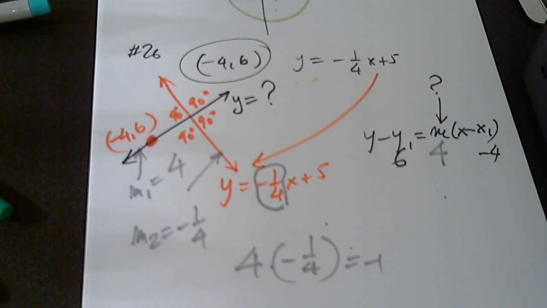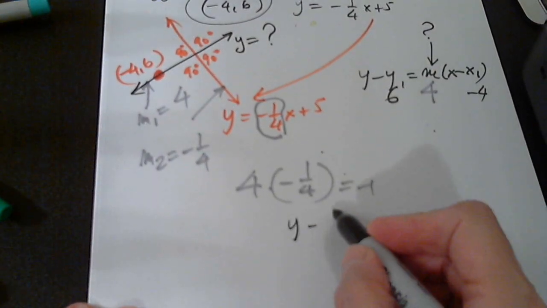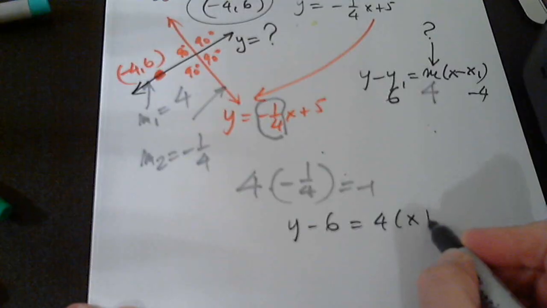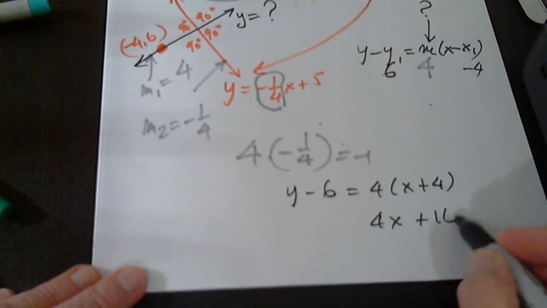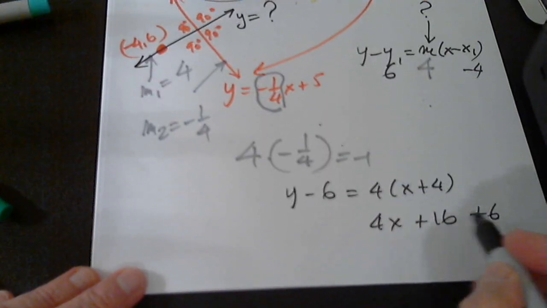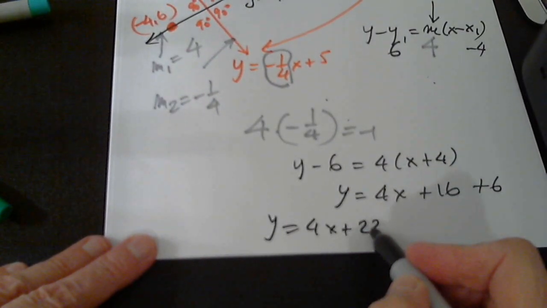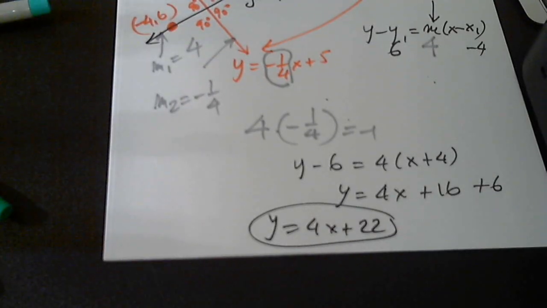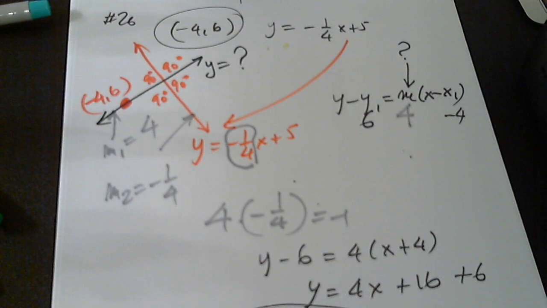So y equals 4x plus 2. Very possible. Y minus 6 equals 4x plus 4. So 4x plus 16 and plus 6. So y equals 4x plus 22. Remember we have to distribute first.